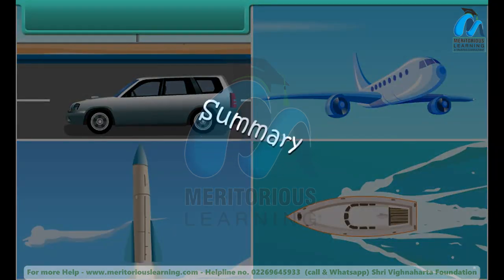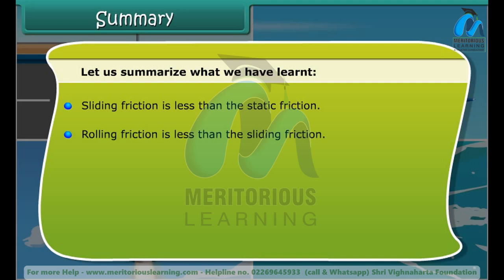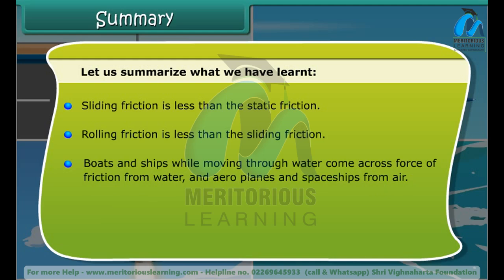Summary. Let us summarize what we have learnt. Sliding friction is less than the static friction. Rolling friction is less than the sliding friction. Boats and ships, while moving through water, come across force of friction from water, and aeroplanes and spaceships from air.